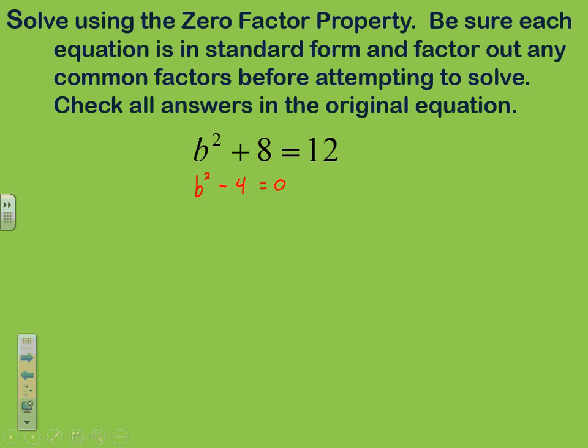Now, this one may be a little tricky for some of us to recognize from Algebra 2. This is the difference of two squares, meaning that the b term, whatever it is, is squared, and the 4 itself is 2 squared.